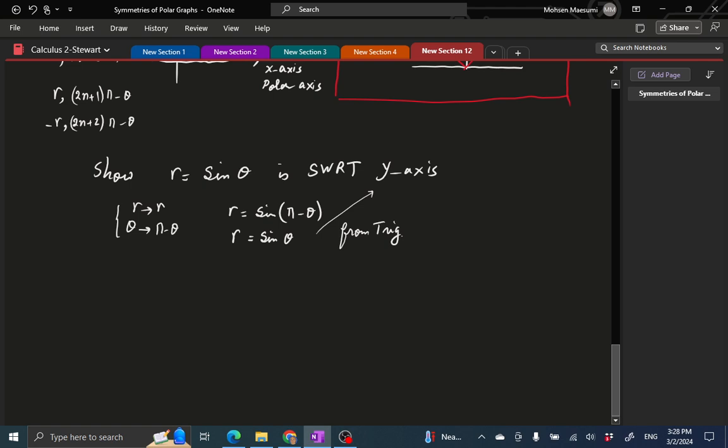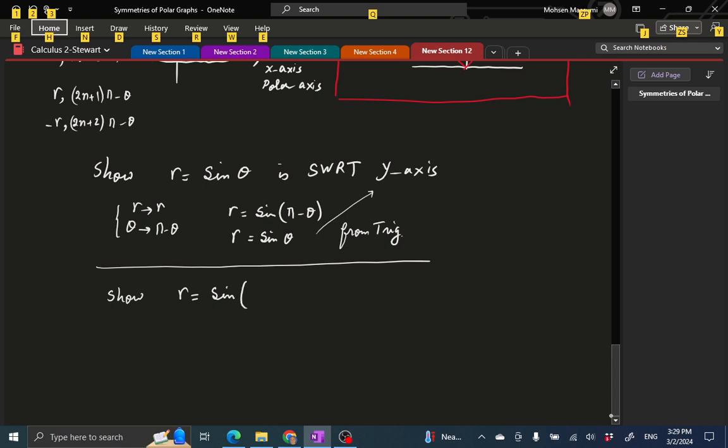Okay, now let's go to a more advanced setting. Suppose I want to show r is equal to sine of theta over 2 is also symmetric with respect to the y-axis.